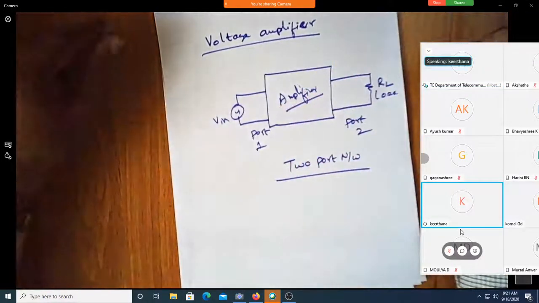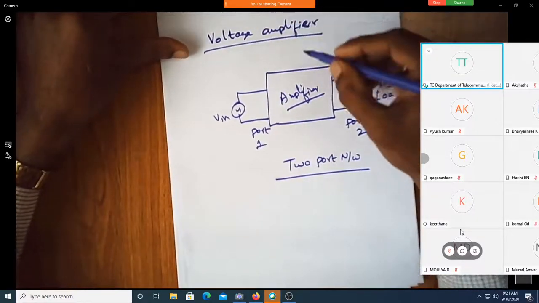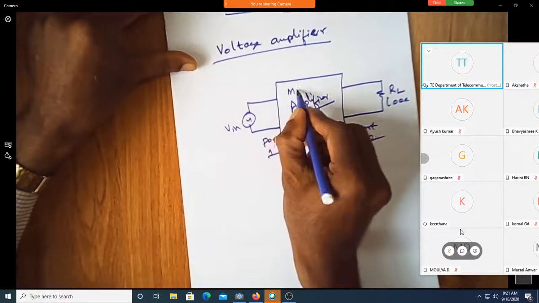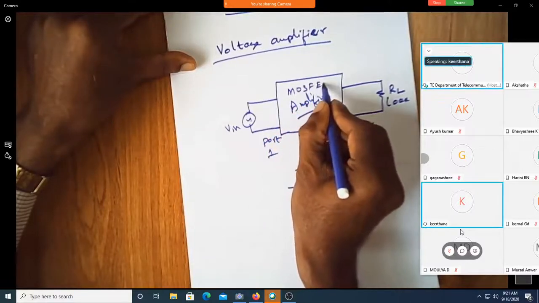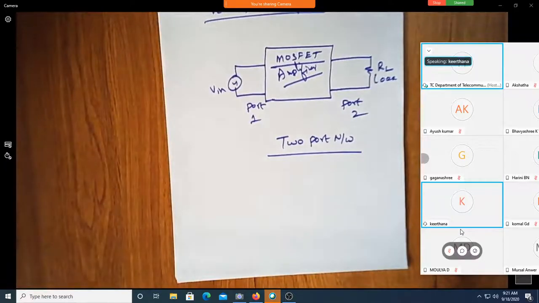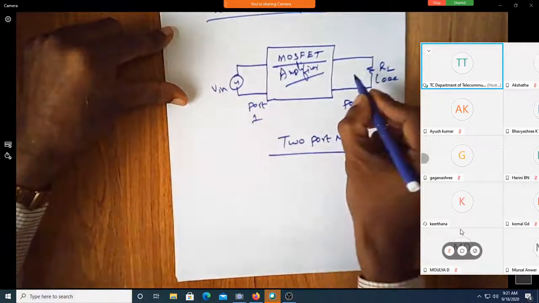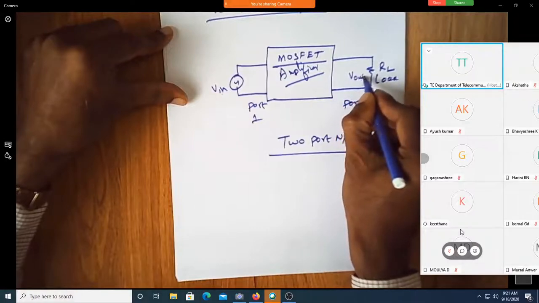This black box we are supposed to build using the MOSFET. If I call it a MOSFET amplifier, the MOSFET is the main element responsible for increasing the amplitude of the input voltage, which is V in at the input, and at the output you can call it V out.